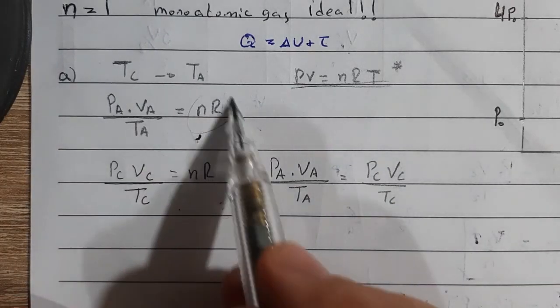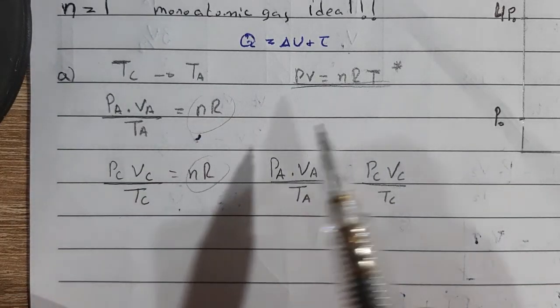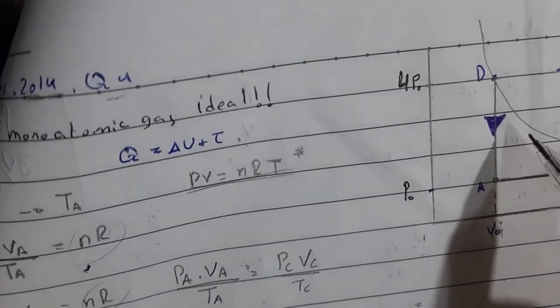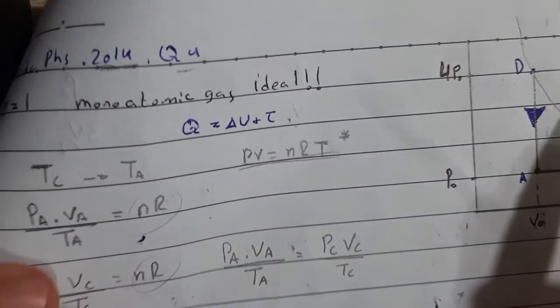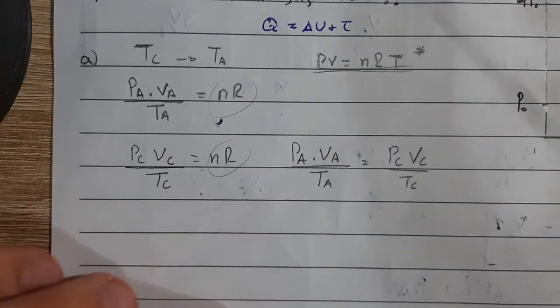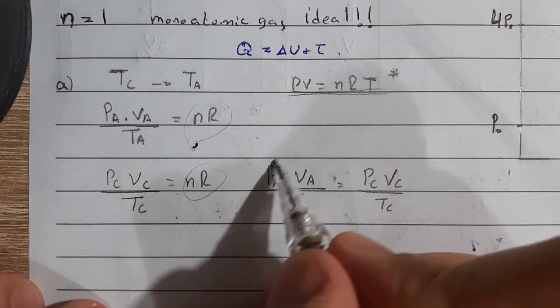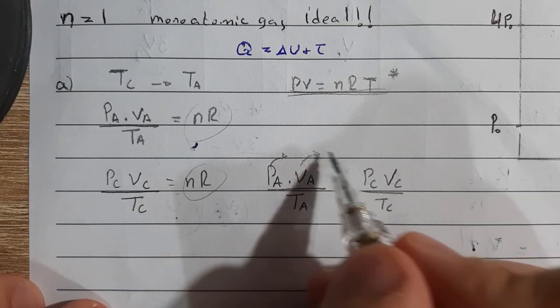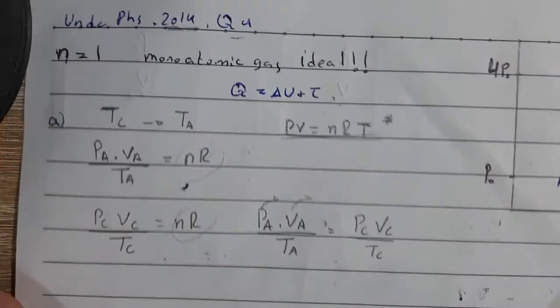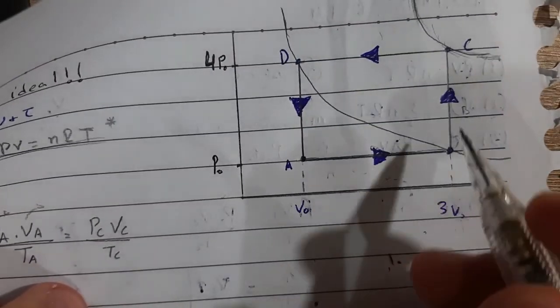And now we know that the amount of material did not change, since he doesn't say that we lose anything or that anything goes out. So now we just need to find what is P_A, V_A, P_C, and V_C. He gave us this in the graph.